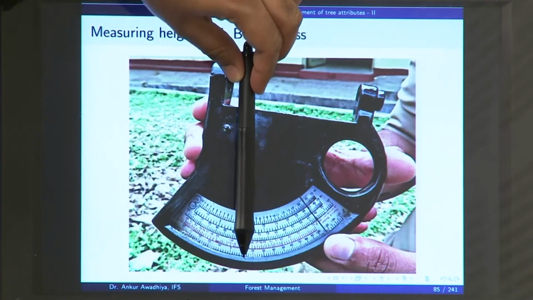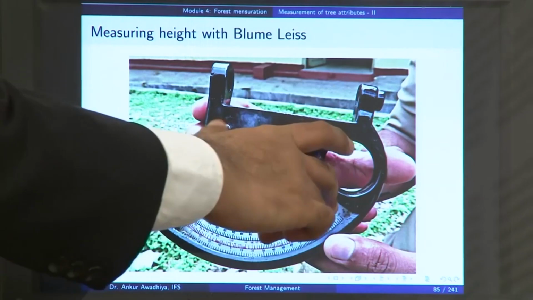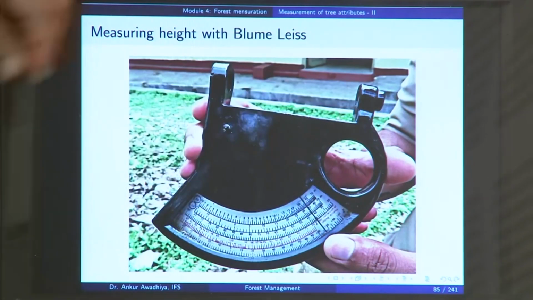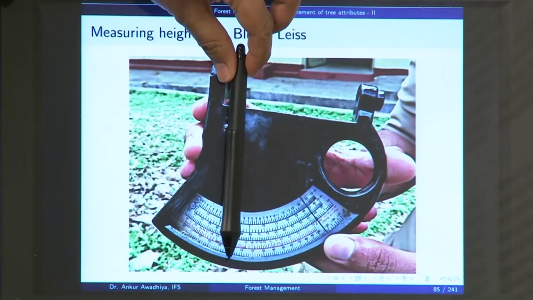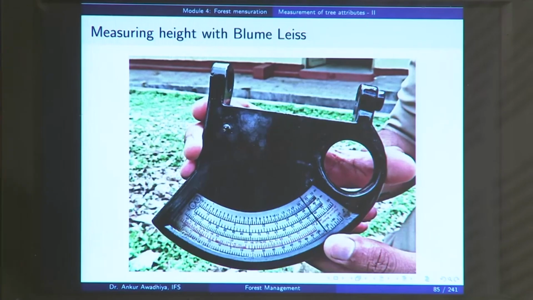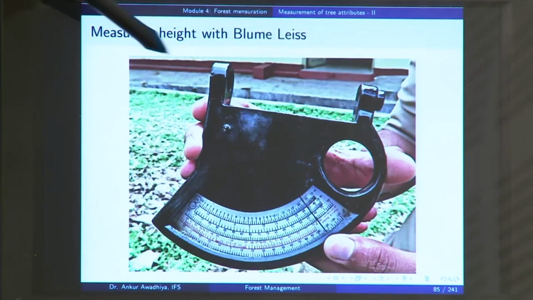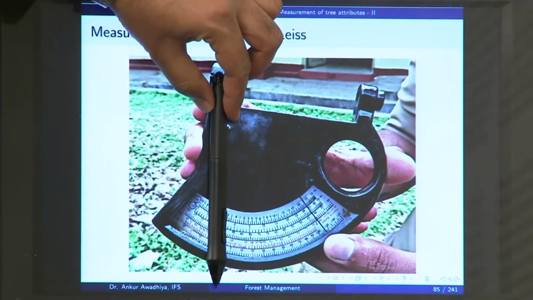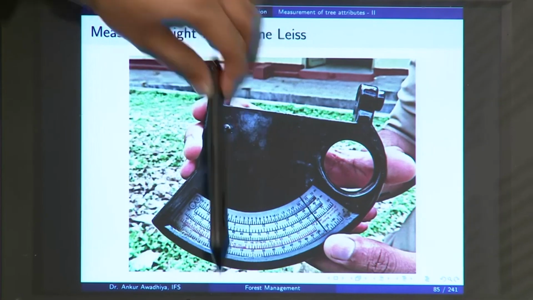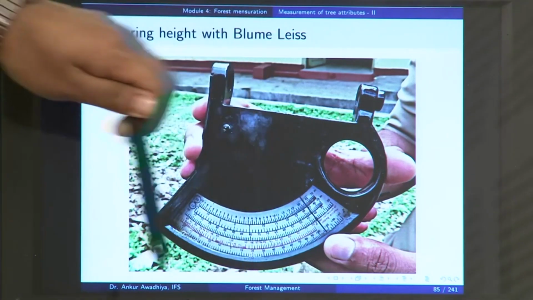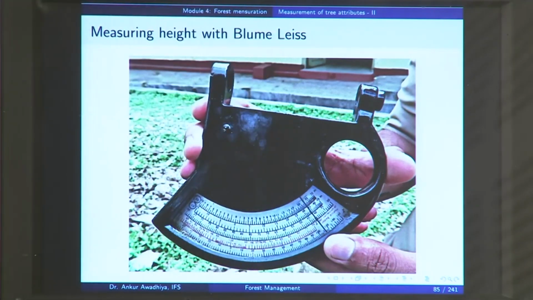So, it will look like this, and no matter how you are tilting this instrument, this pointer will always be down. Then you look at the eyepiece and arrange this instrument in such a way that the eyepiece, the objective and the top of the tree are in the same line, and so your counter will be straight here. You press this button, which will fix the counter, and then you can take this instrument and have a reading.